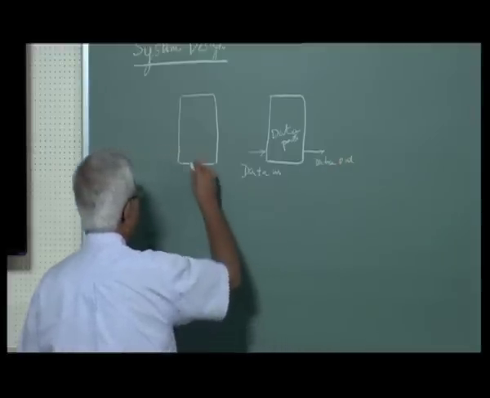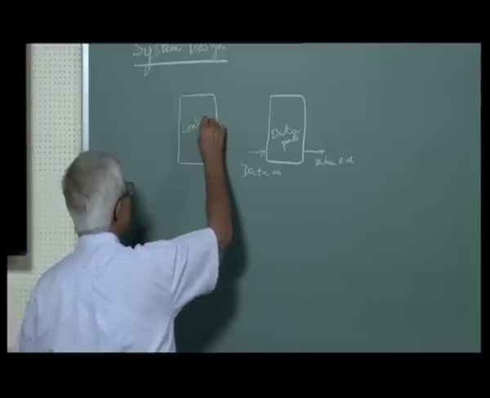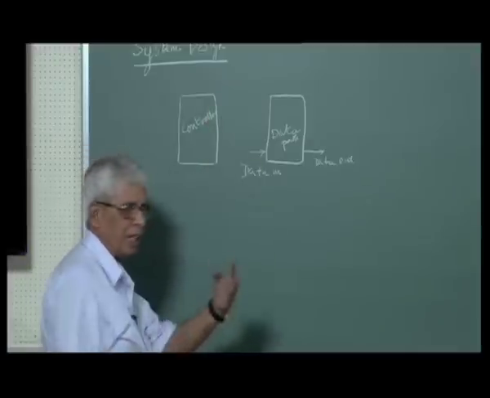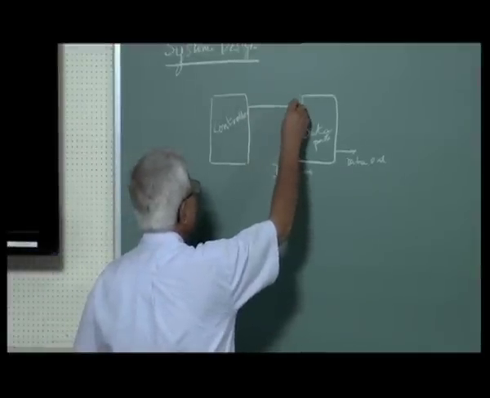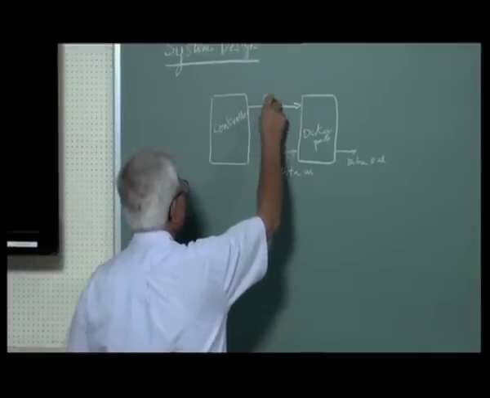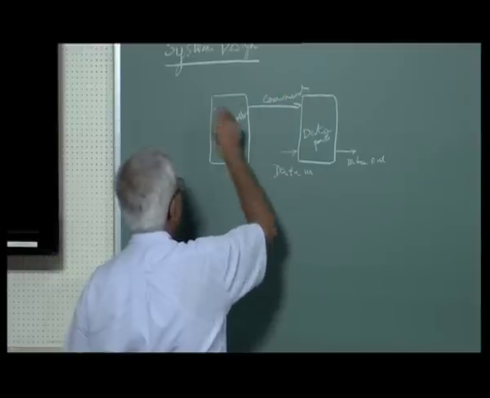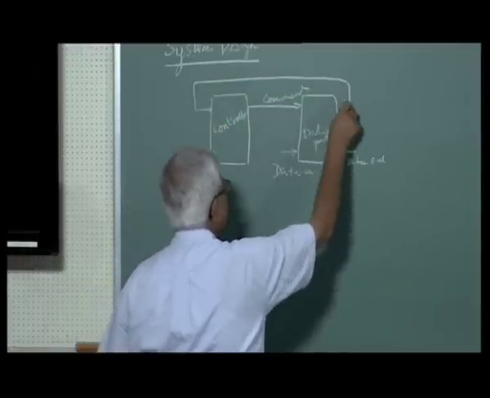and we have what is known as the controller, which controls the operation based on the requirement of the system. So the controller gives commands and monitors the status of the data path.